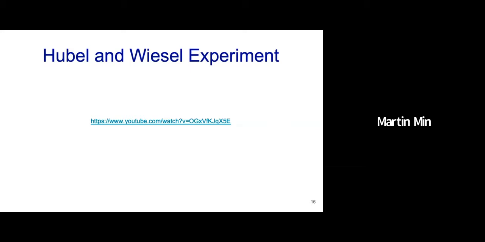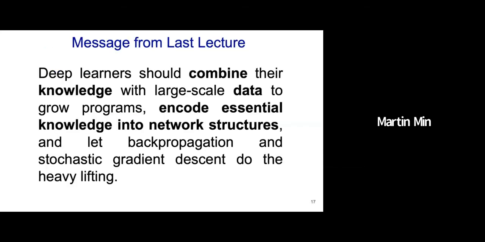into our network architecture, getting the inspiration from the Hubel-Wiesel experiment, people discovered the convolutional neural network. So the message from the last lecture is that deep learners should combine their knowledge with large-scale data to grow programs, and encode the essential knowledge into the network architectures, and let backpropagation and stochastic gradient descent do the heavy lifting.